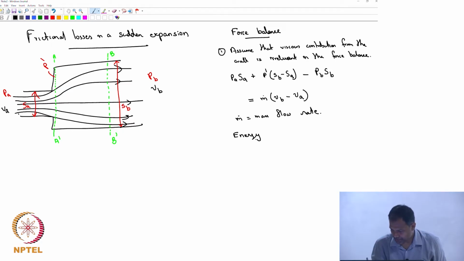Energy. Okay, I'll simply use our energy flow equation, which again you have seen. I'll apply it between section A prime and B prime.